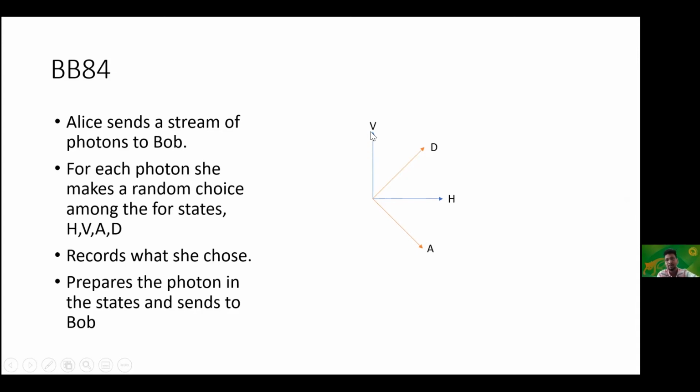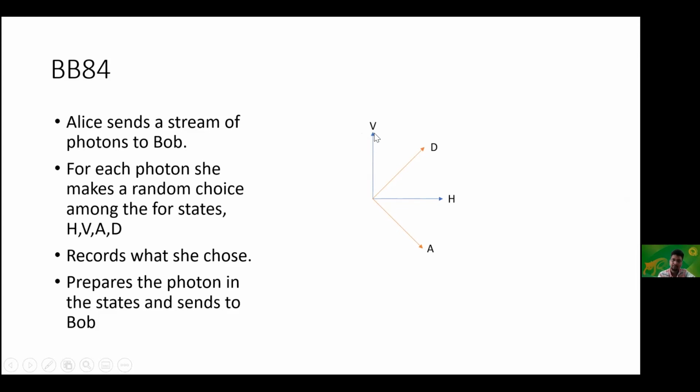V is the vertically polarized photon. D is the polarization which is the weighted sum of H and V. If you add these two vectors, you get D. And if you subtract them, H minus V, you get A. That is another photon, which is at 45 degrees, but it is exactly 90 degrees to D.